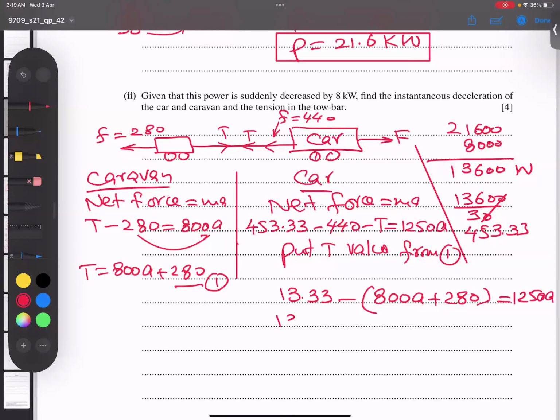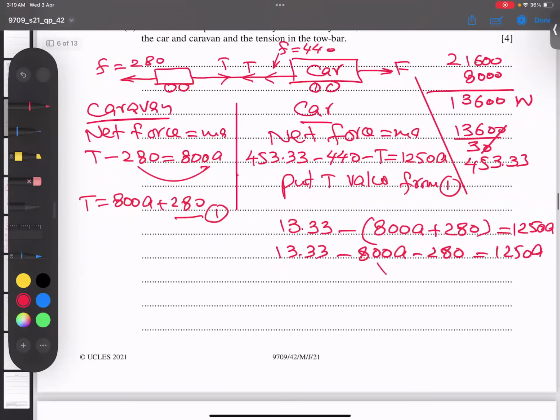So I open the bracket, negative 800 A and negative 280.